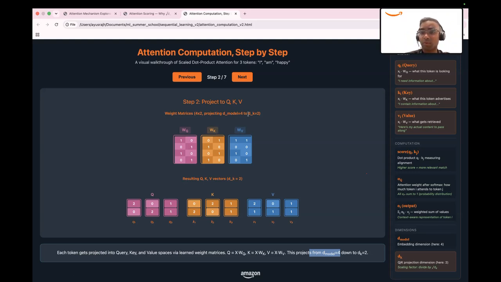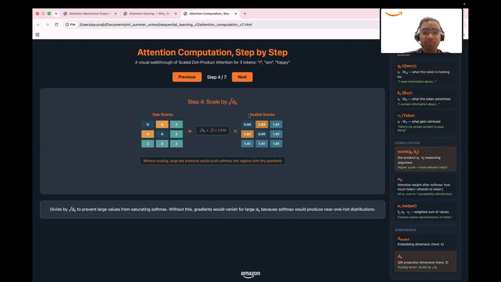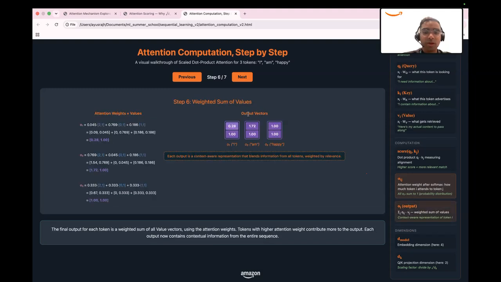Now, what's the use of this value vector? After we have got those attention weights and we want to have output for each and every time step, how do we get that output? For any time step i, the output would be the attention weighted average of the different value vectors.